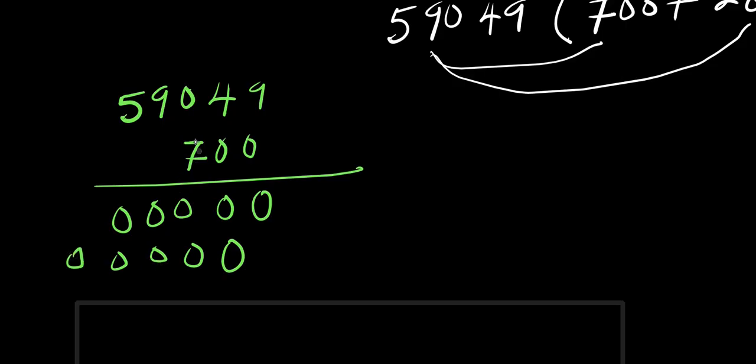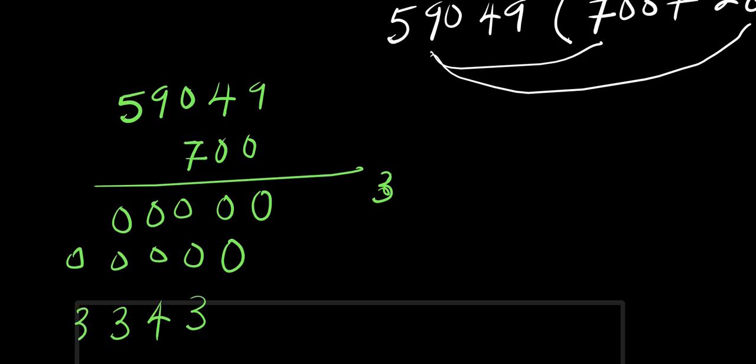Then we go to 7 times 9, that is 63, 3 carry over 6. 7 times 4, that is 28 plus 6, that is 34. 4 carry over 3. 7 times 0, 0 plus 3, have 3. 7 times 9 again, 63.